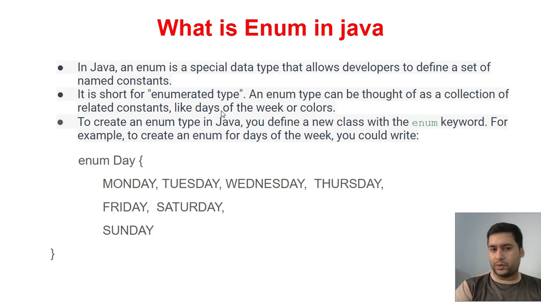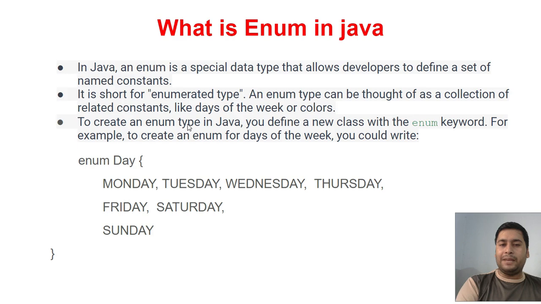The data will be limited and specific, for example a list of weekdays, a list of months, a list of years. You can list those things inside the enum and provide operations on them.